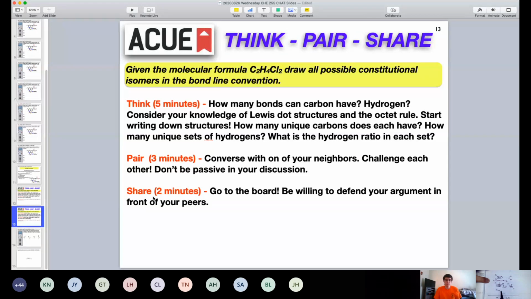This one, there's ethane. Now they're different. 1,2-dichloroethane. So we're able to communicate those different isomers to one another.